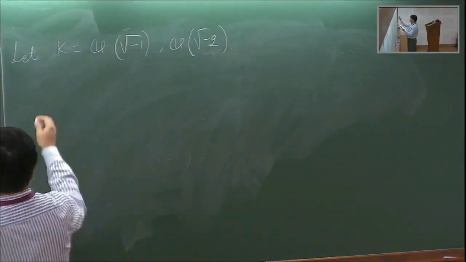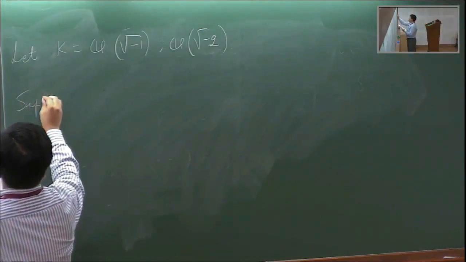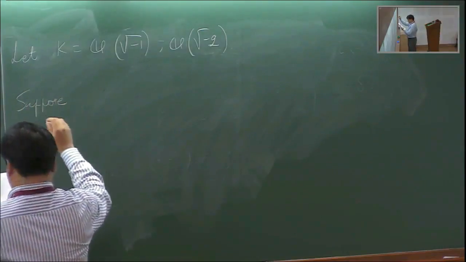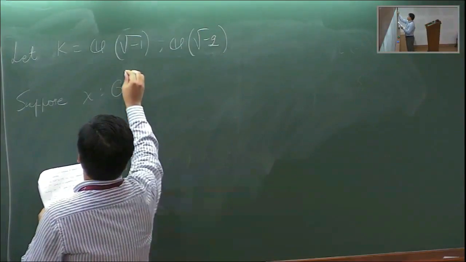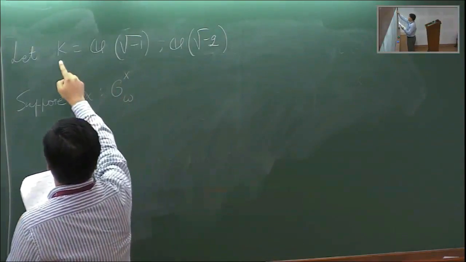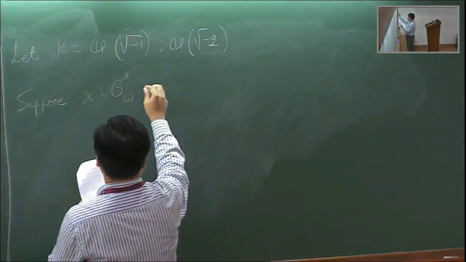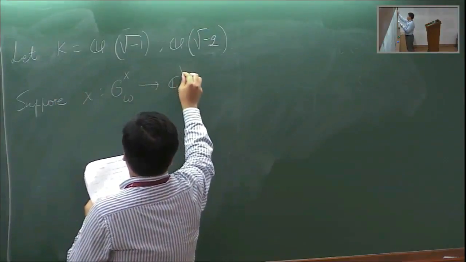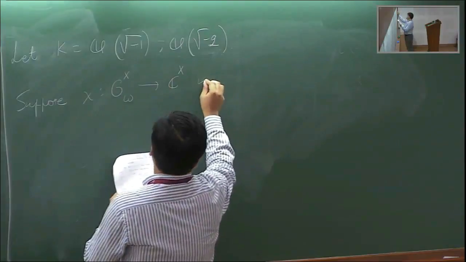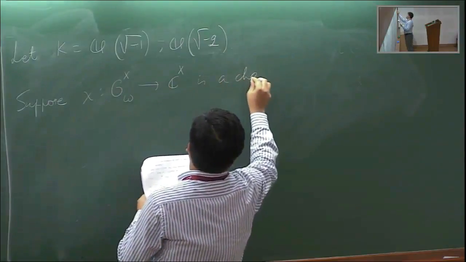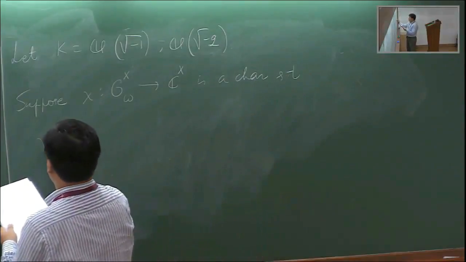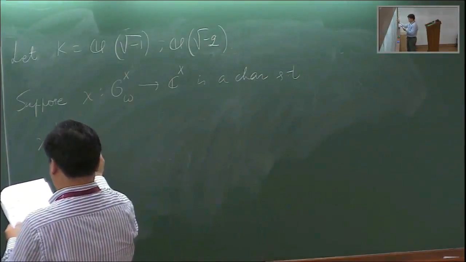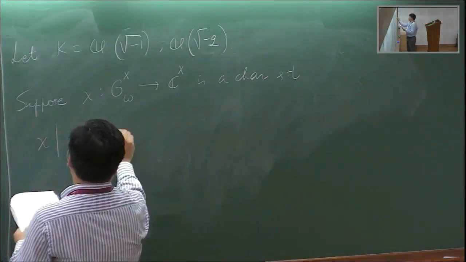Suppose I have a chi from O_W star, where W is a prime in K, to C star, a character such that chi restricted to O star is equal to identity.